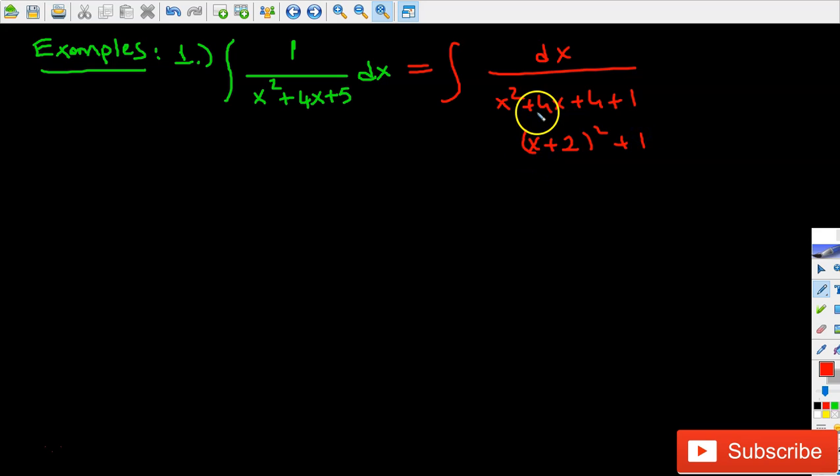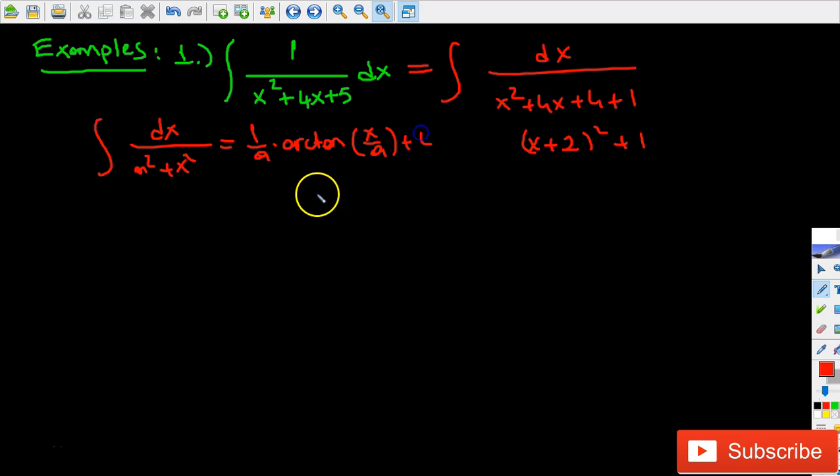Then we apply the integral dx over a squared plus x squared, which is equal to 1 over a times arctangent of x over a plus c. That's going to give you the answer. But if I apply the formula, it's going to take a lot less time, okay? It's going to save you some time.